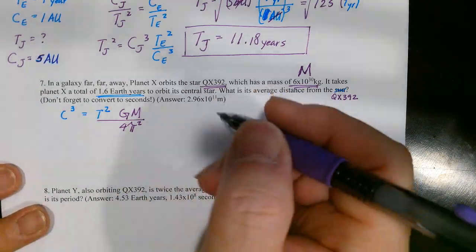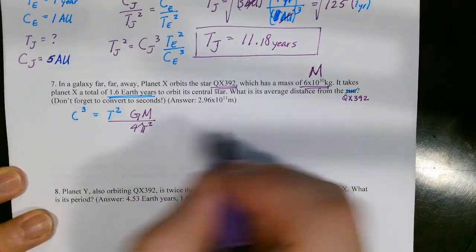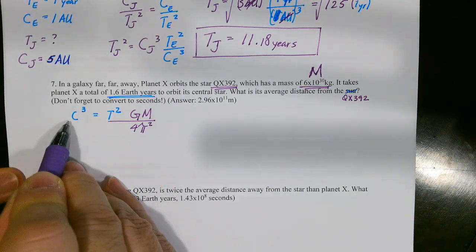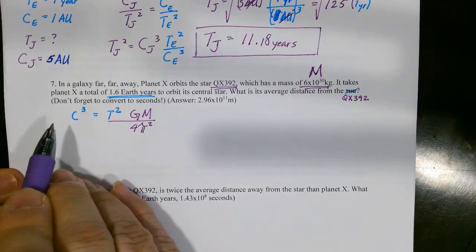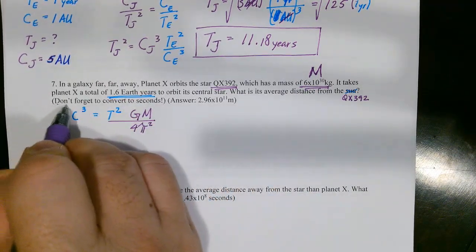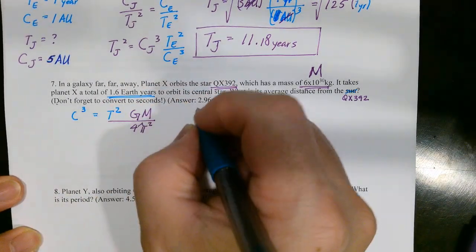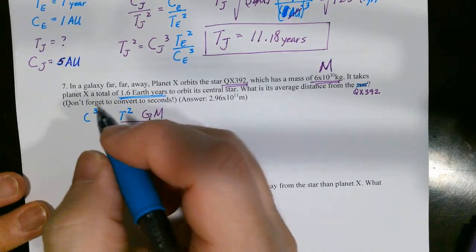So, when we use this equation, we must use this in seconds, this in meters. All right? Therefore, I even gave you, you must convert into seconds. 1.6 Earth years, right? So we have to convert that.